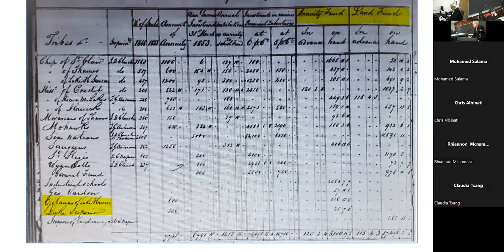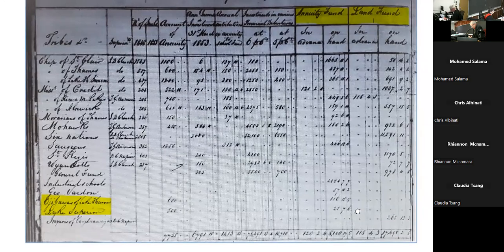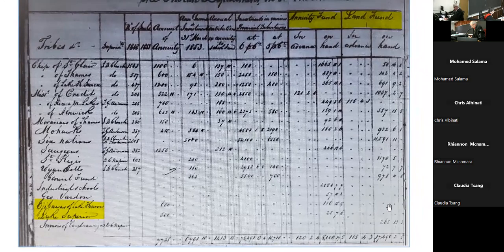Immediately to the right of the highlighted portion where it says Ojibwas of Lake Huron and Lake Superior, they have a line each, indicating that the RHT is distinguished from the RST. If you track across the same row, there's nothing until you reach the column under annuity fund, which I highlighted.